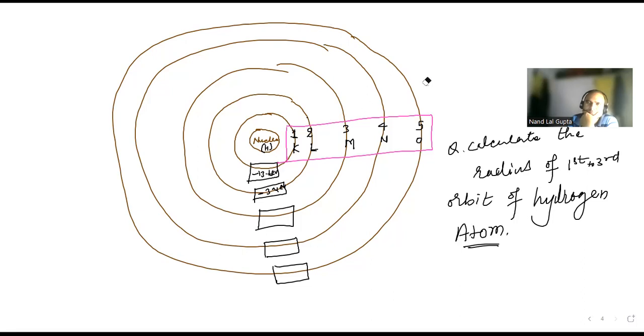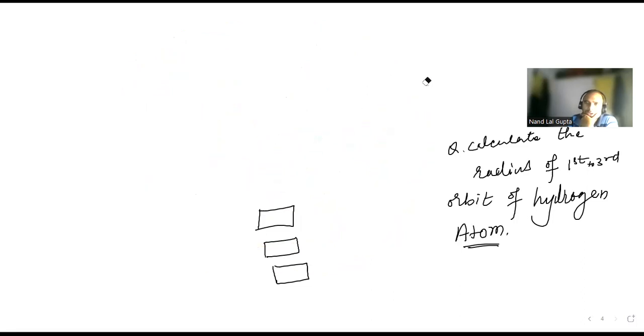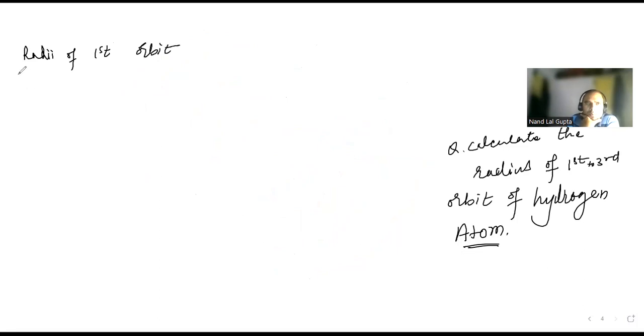So they are talking about radii of orbit. If I am calculating the radius of the first orbit, what is the formula? For the first orbit, n is equal to 1.